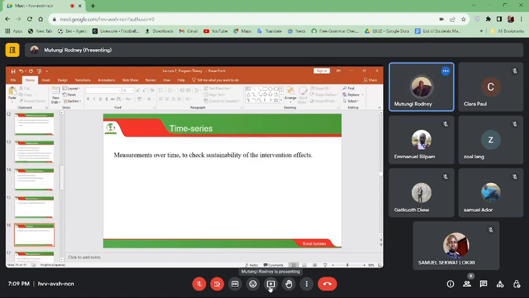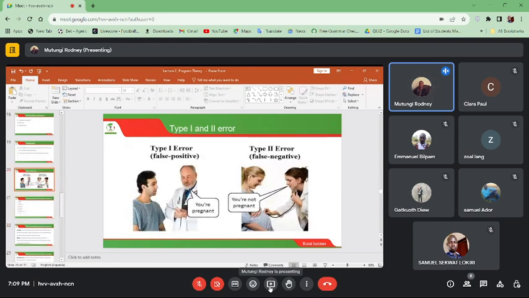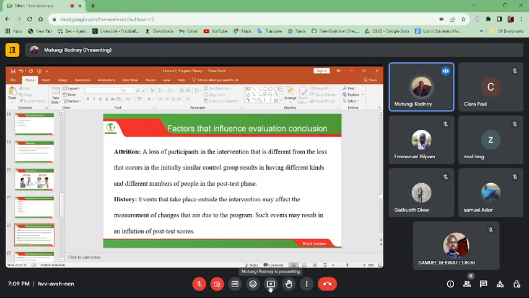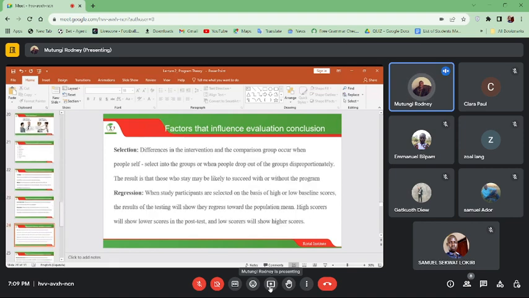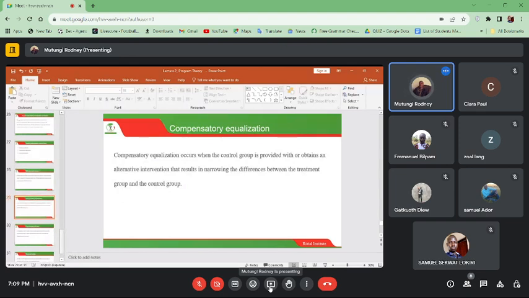From that we can see how we can get problems here and there, and the factors that will influence that evaluation conclusion, that final say in terms of our evaluation.